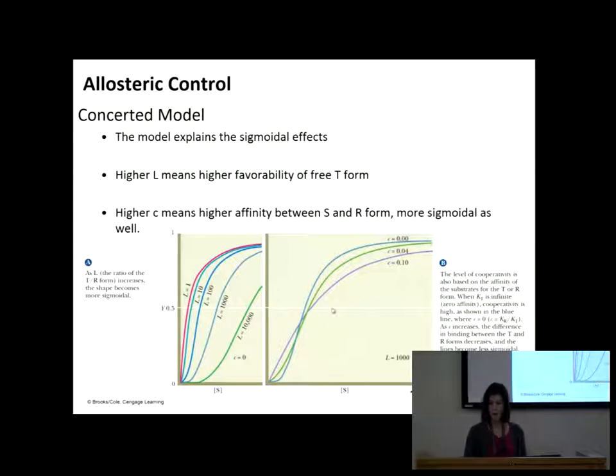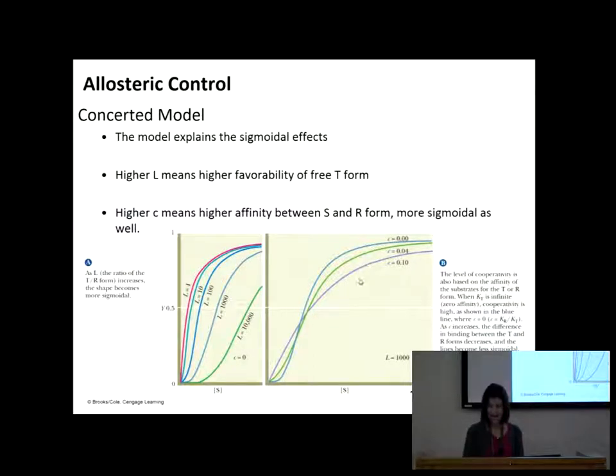Over here on the right, we're talking about a C term, or a cooperativity term. This is where a lower value means that there is more cooperativity between the substrate and the relaxed state than the substrate and the taut state.